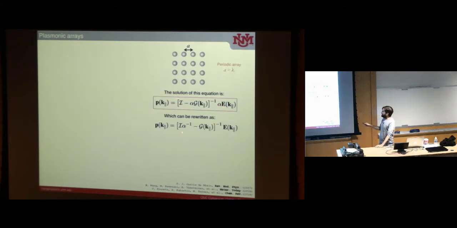And now you see, whenever you are able to make the inverse of your polarizability equal to this interaction, then you're going to have a mode. And it is a mode that is not a plasmonic resonance anymore, because it's not a pole on the polarizability. It's actually the cancellation between the inverse of the polarizability and the interaction.